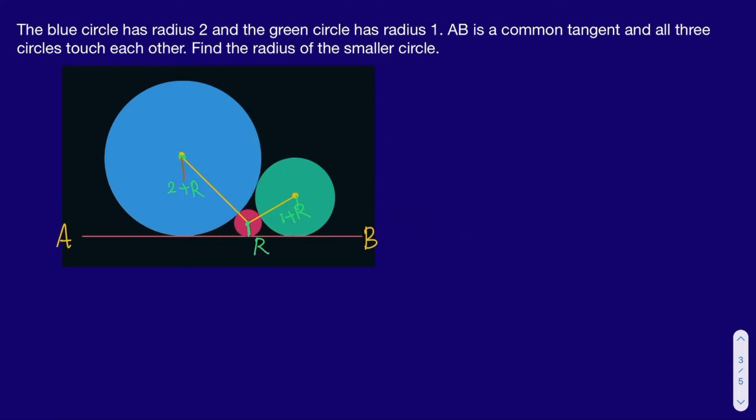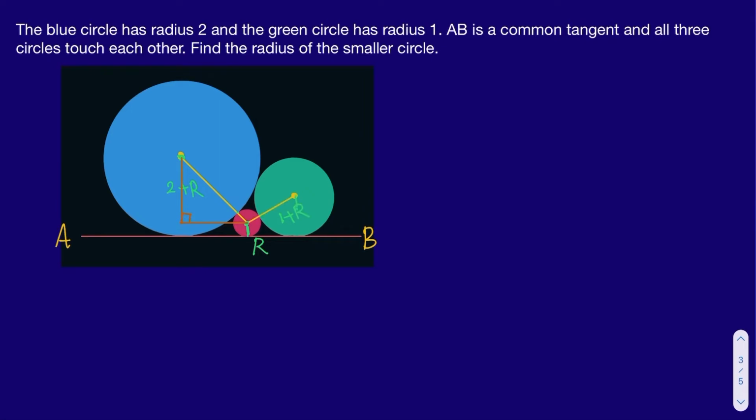So I will draw it down to here, and then draw a straight line from the center of the pink circle to intersect this line coming from the center of the blue circle. And similarly, I will do the same thing here.